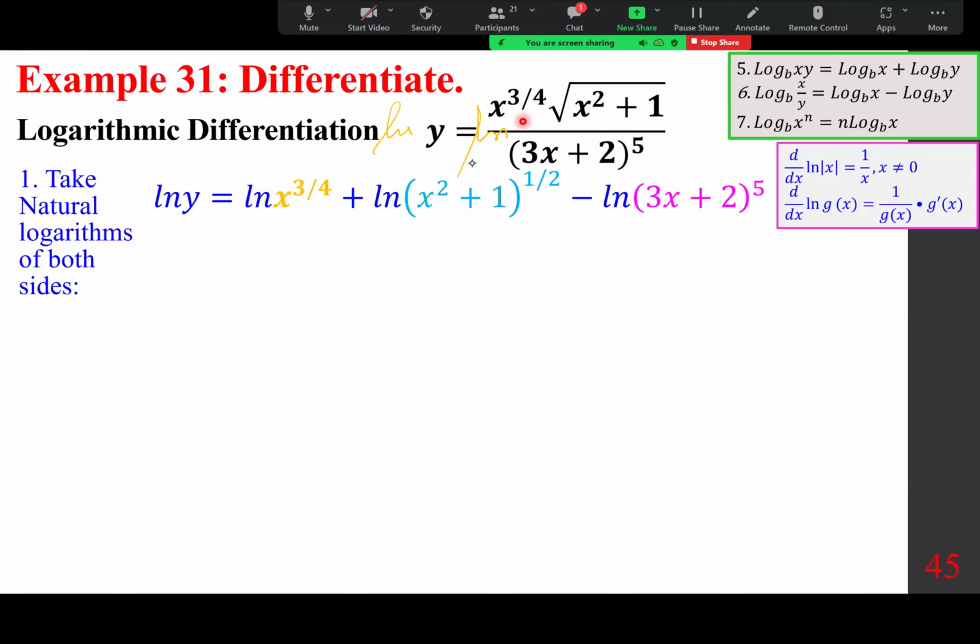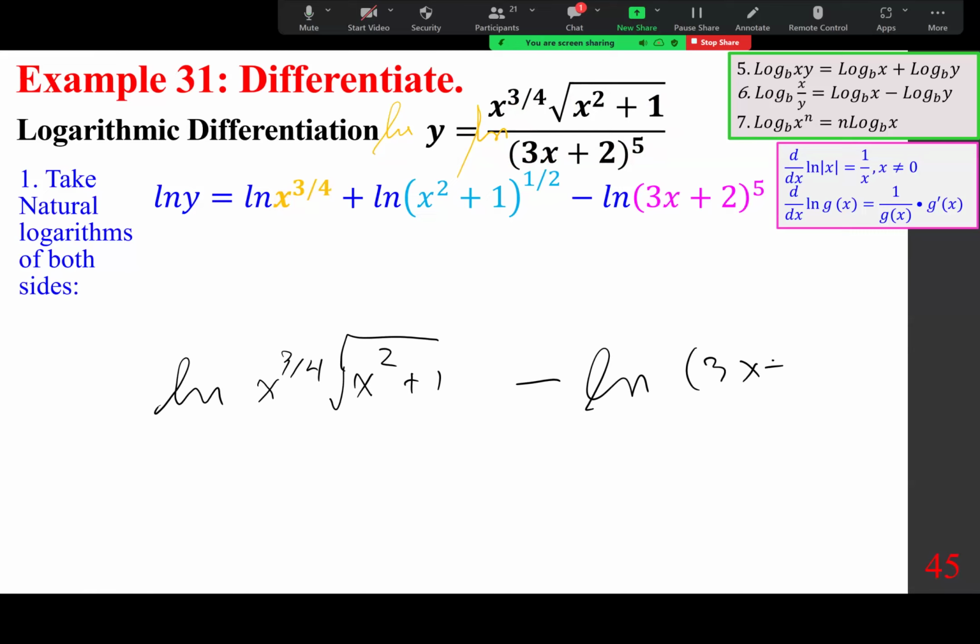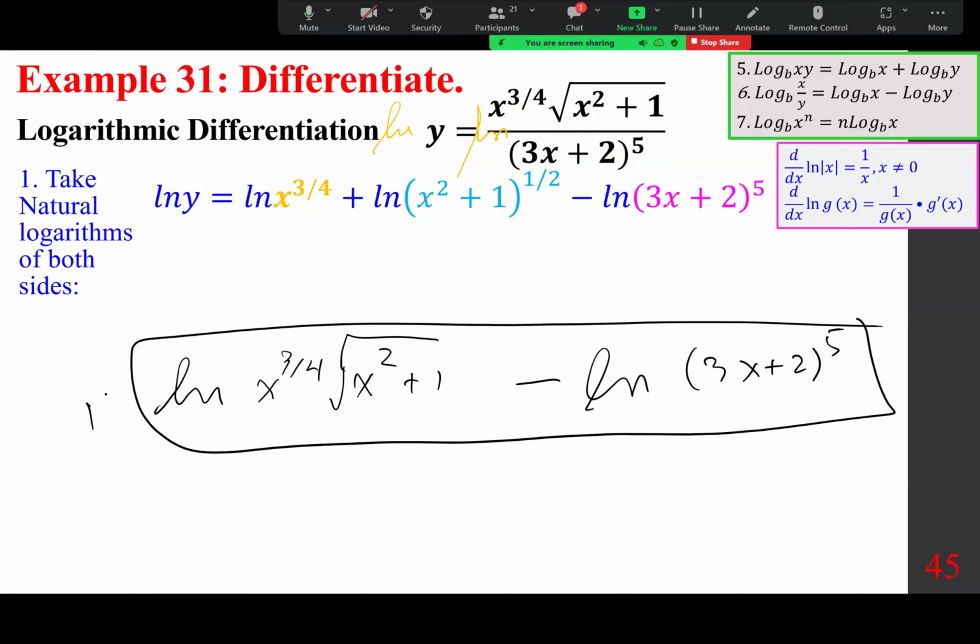So ln of the top, maybe let me write this step in case. So the first step is ln of the top minus ln of the bottom. Let's say this is step number 1. Let's say this is step number 2. Okay, we are taking natural logs, and this means a lot of simplification.